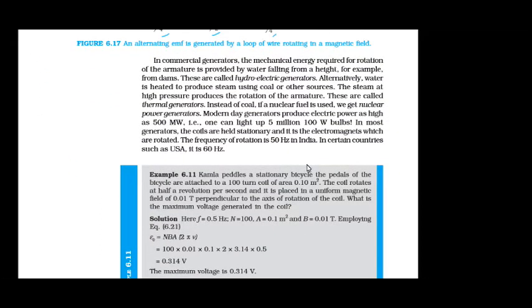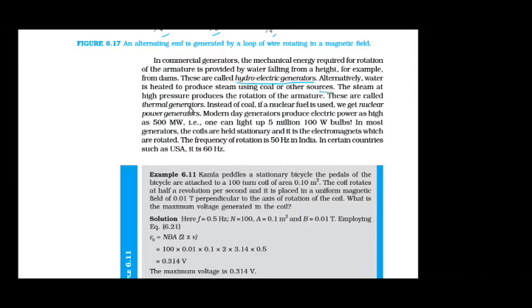In a commercial generator, the mechanical energy required for rotation of the armature is provided by water falling from a height, for example from dams. These are called hydroelectric generators. Alternatively, water is heated to produce steam using coal and other sources.